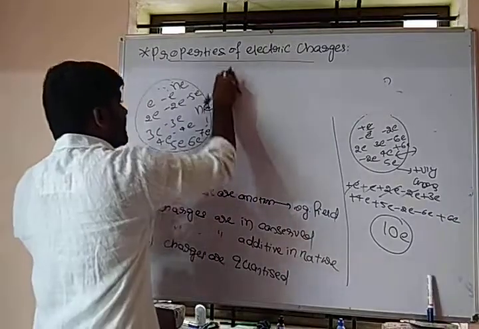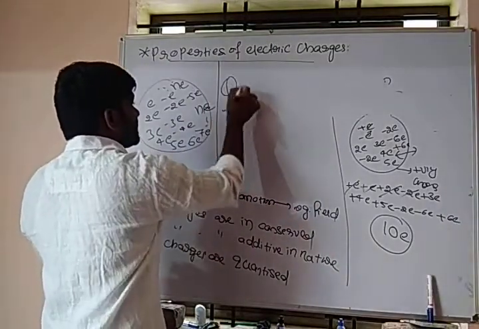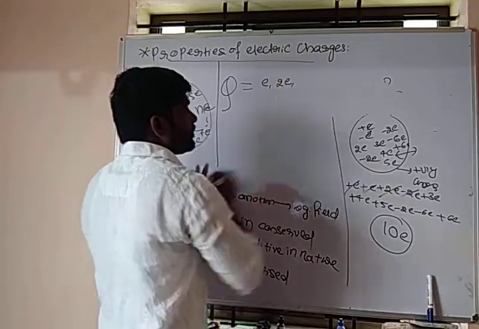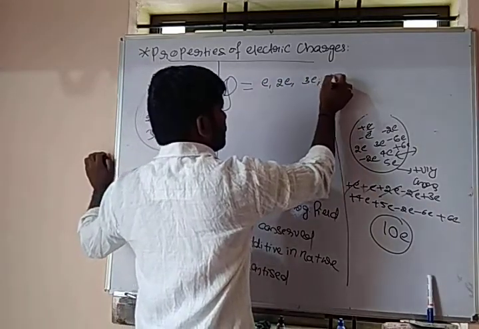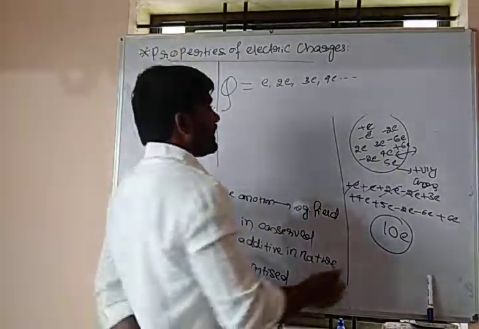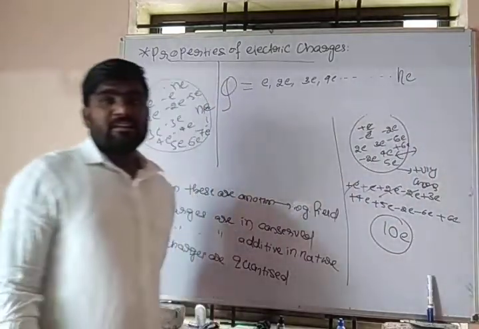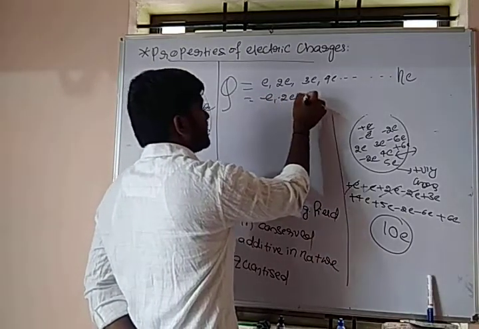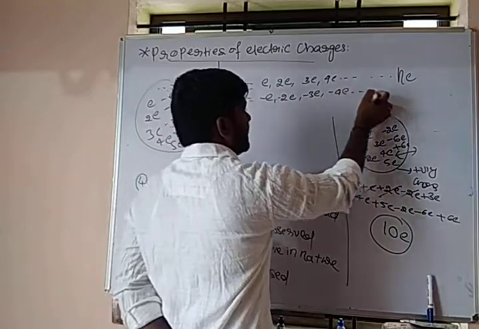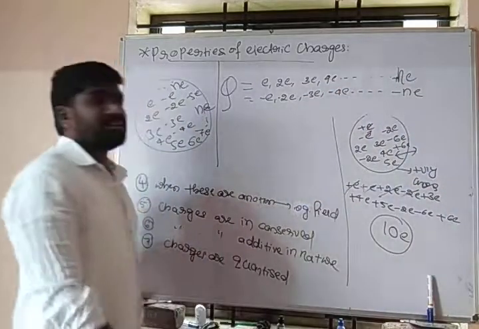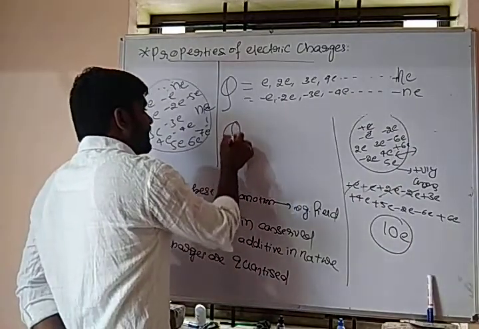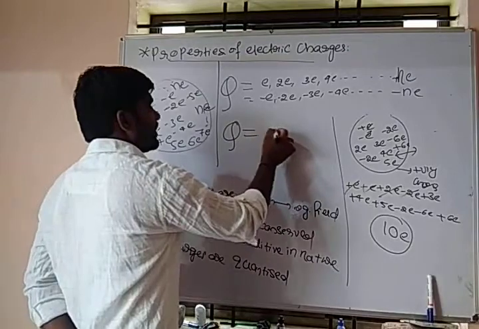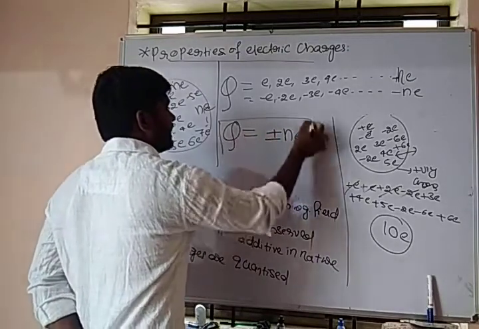See here, this q is equal to, first I am writing positive charges: e, 2e, 3e, 4e, and if there are n number of charges, shall I write ne? Then negative charges are also there, so it will be minus e, minus 2e, minus 3e, minus 4e up to minus ne. I am taking it as a plus. So to calculate how many charges are present in the conductor, our formula must be plus or minus n into e.